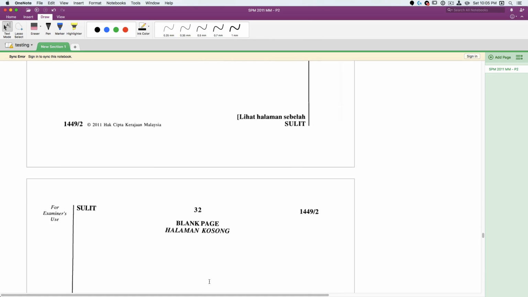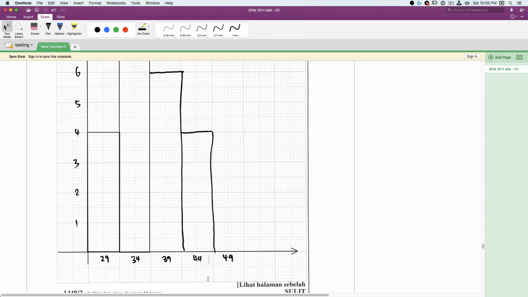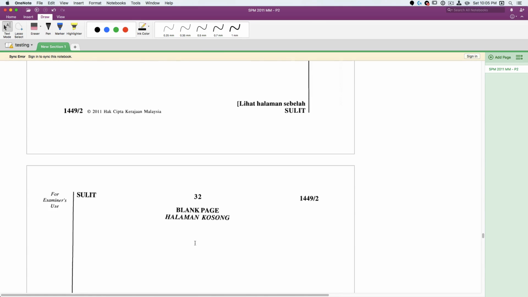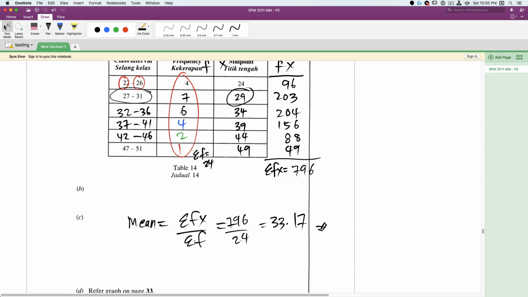2, 1. I think I wrote something wrong in the midpoint, isn't it? 39, 44, plus 5, 29, 34, 39, 44, 49. Why is one class missing? 4, 7, 39, 44, 49.